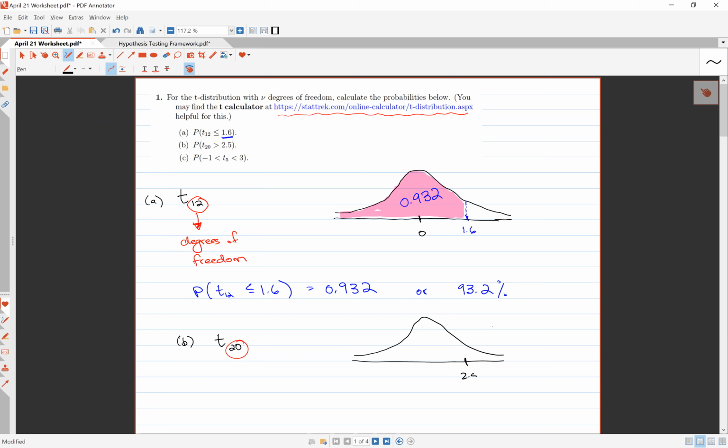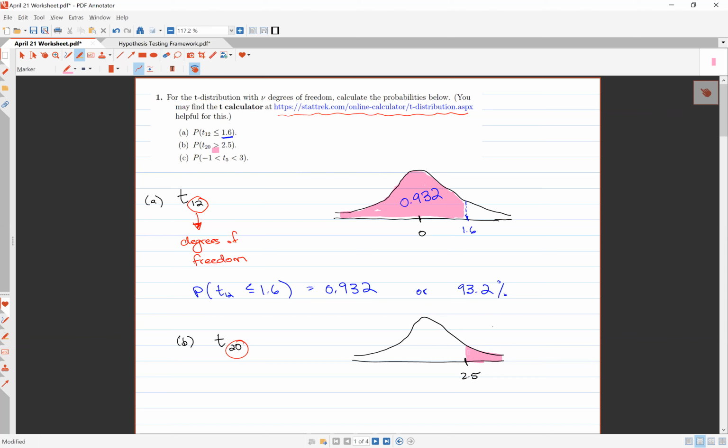My reference value is 2.5, but this time what you'll see is I'm trying to find the probability that I'm greater than 2.5. So that means I'm trying to find how much of the curve is to the right of the number that I selected, the 2.5.